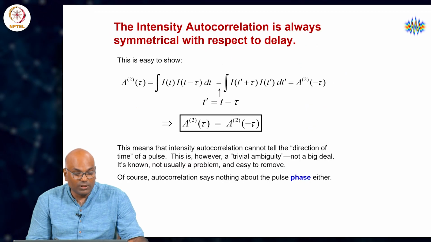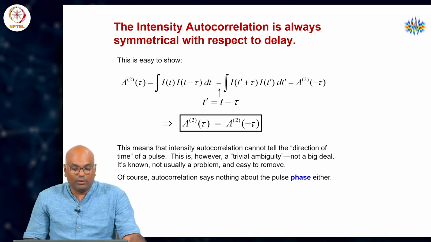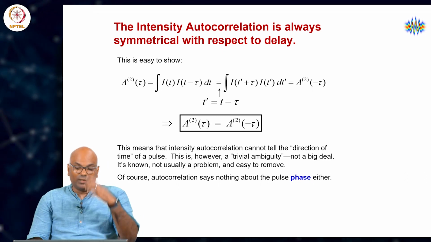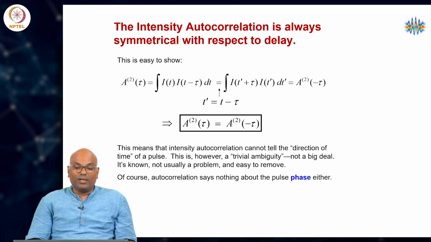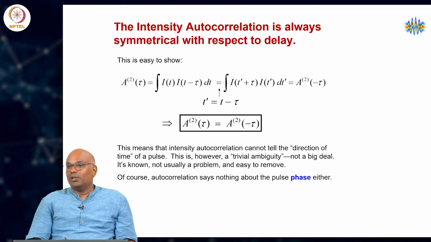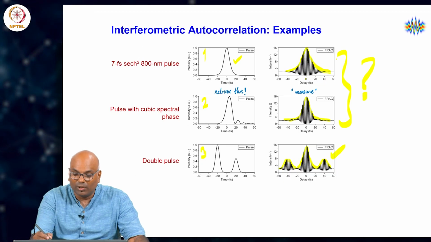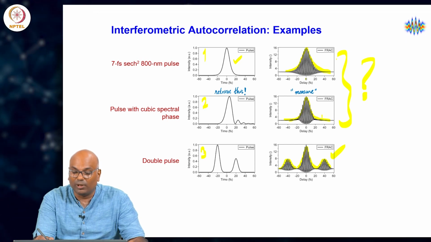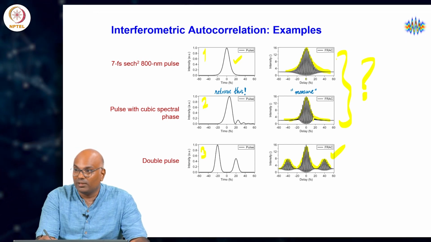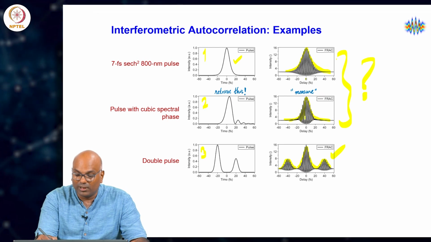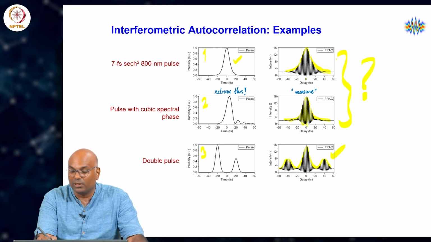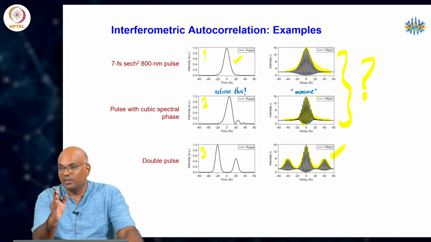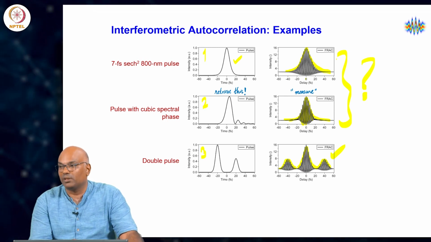So, what is the way forward, or what are the nuances which lead us to this? First of all, why did the autocorrelation traces for cases 1 and 2 look identical? In the sense that this autocorrelation trace is symmetric about the 0 of delay. 0 of delay is something we can absolutely fix in the problem.